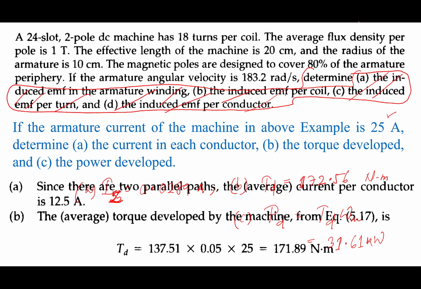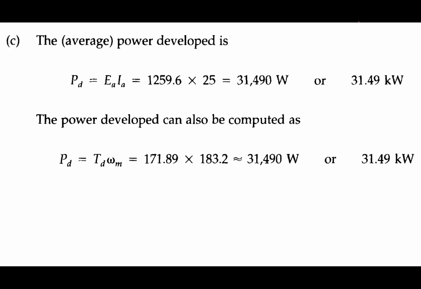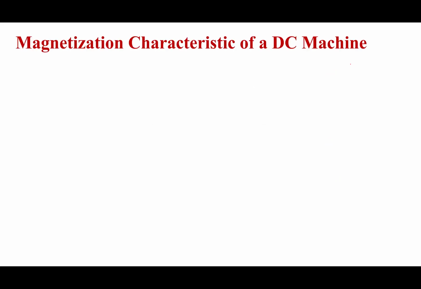And TD is 171.89. That is correct. Straightforward. And PD is 31.49. It is also correct. Okay, so I hope it is correct, but only the current per conductor is not correct, so please rectify it, okay? I hope everybody understood this.